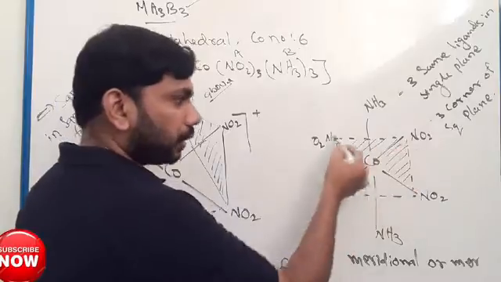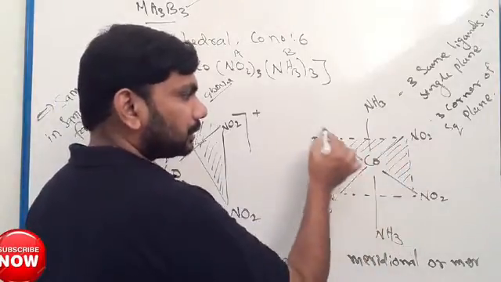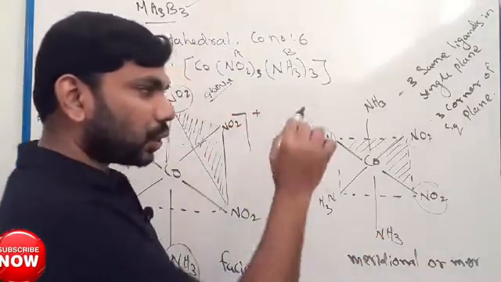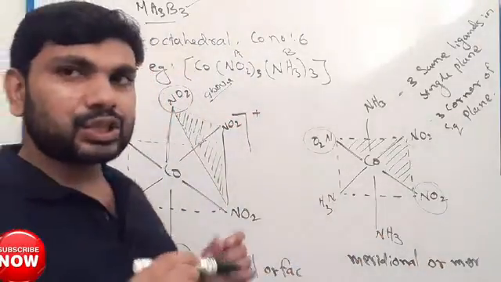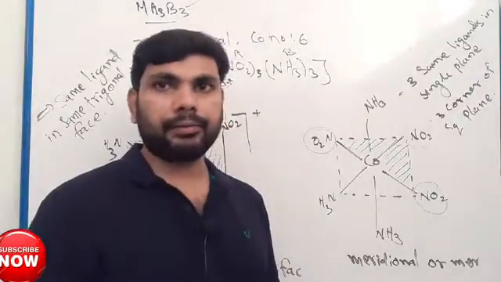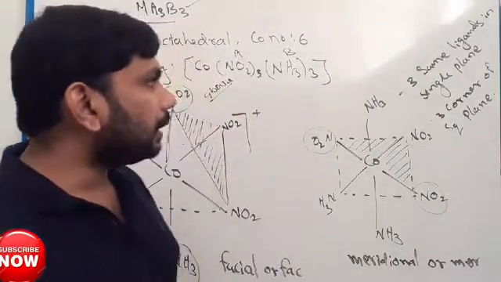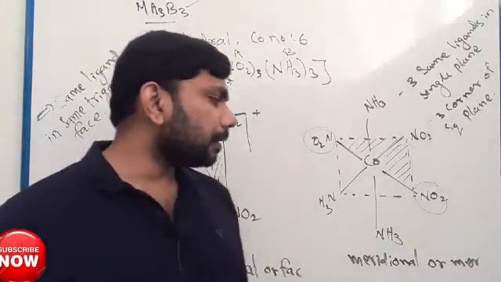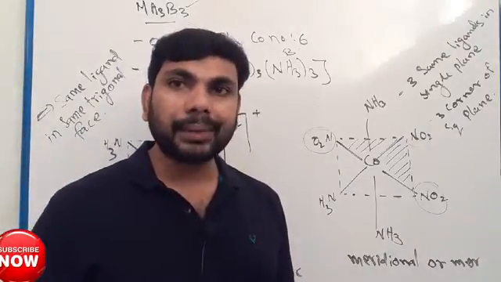This is one square plane. So 3 same type of ligands are coming on each corner of a square plane, and this type of isomer is called the Meridional isomer or Mer isomer.